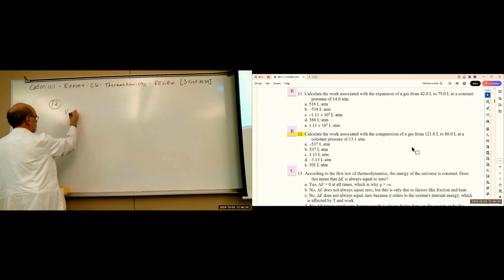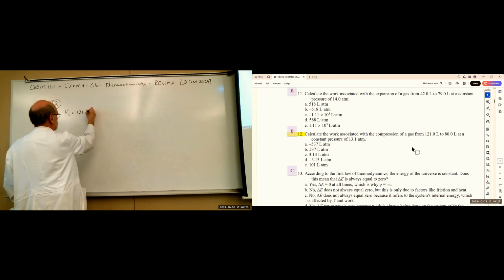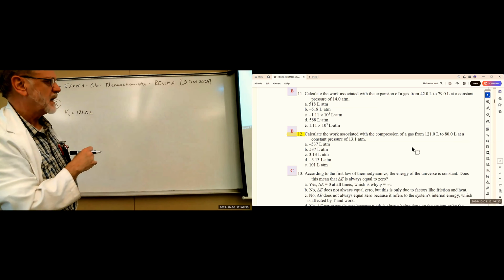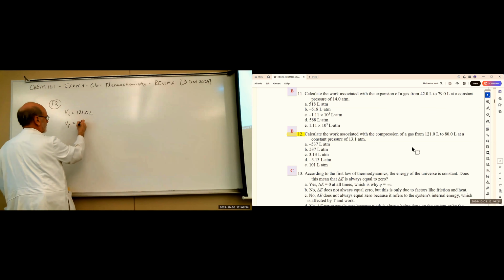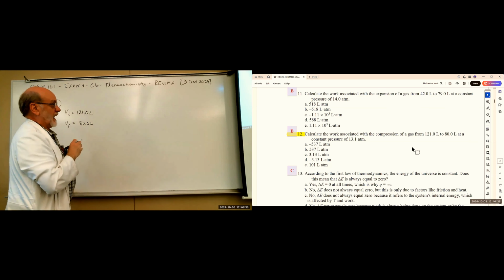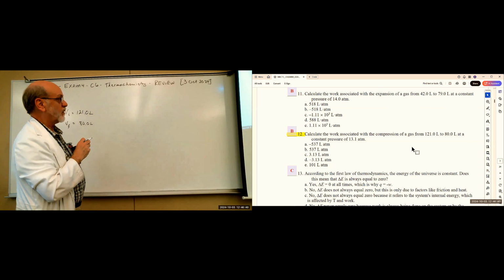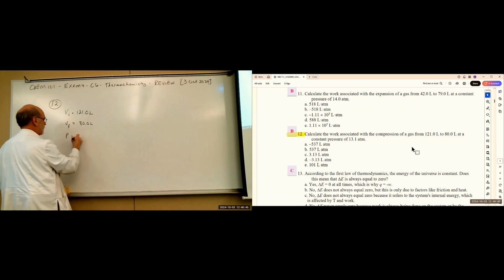So initial volume is 121.0 liters, and it goes to 80 liters. Final volume, 80. And it's at a constant pressure of 13.1 atmospheres.